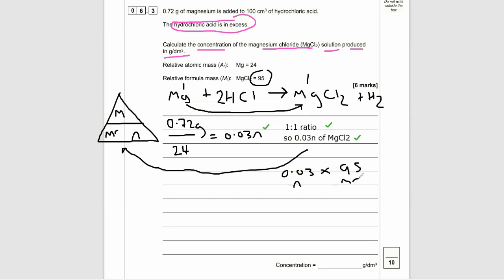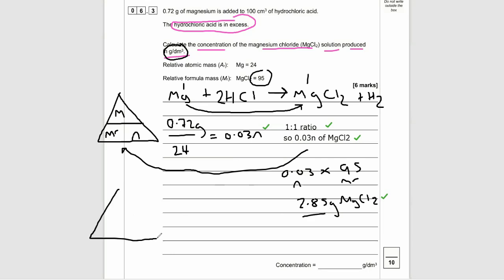So I'm going to do moles, which is 0.03, times the MR of magnesium chloride, which is 95. It tells us that in the question. So 0.03 times 95 gives me 2.85 grams of magnesium chloride. So I have just got at least another mark, possibly another 2. We're on to 4 or 5 out of 6.